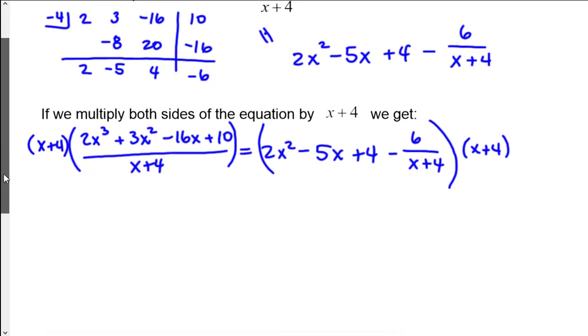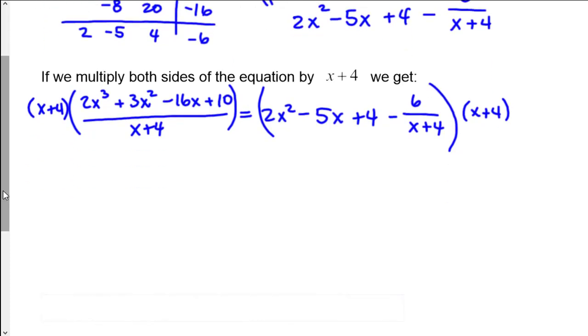Okay, looks like it's going to be complex, but actually not much is really happening here. So on the left-hand side, the only thing that happens is the x plus 4's cancel out. So I have 2x cubed plus 3x squared minus 16x plus 10.